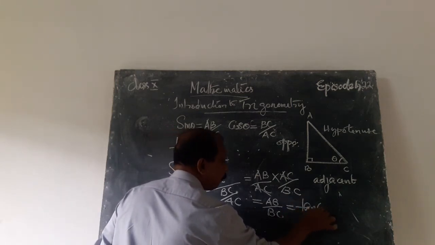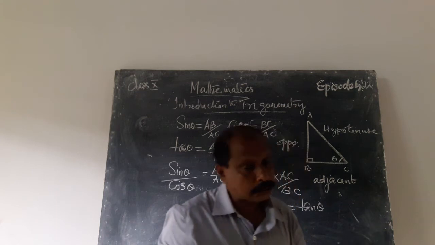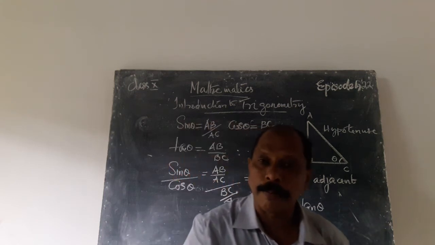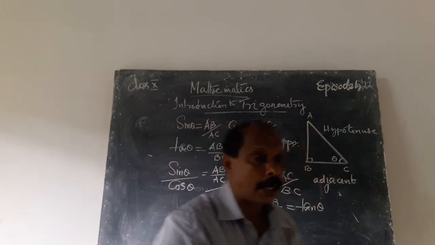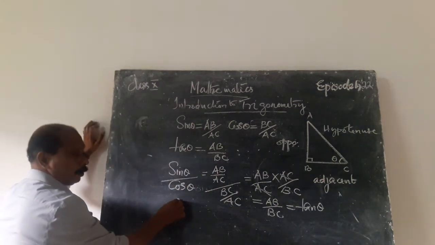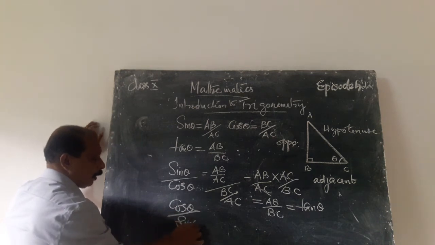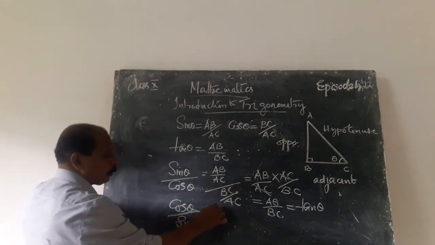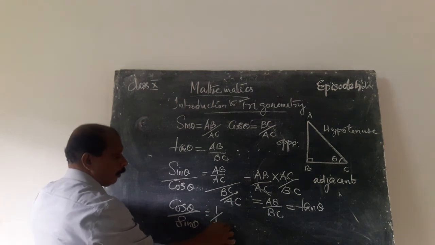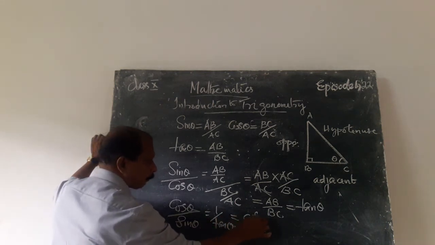Therefore, the relation between sin theta, cos theta and tan theta is what? Sin theta by cos theta is equal to tan theta. Take the reciprocal of this one. The reciprocal of sin by cos is cos theta by sin theta. Therefore, tan theta is what? 1 by tan theta. What is 1 by tan theta? That is equal to cot theta.